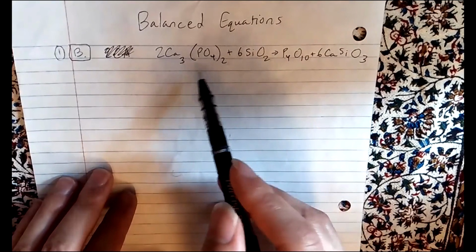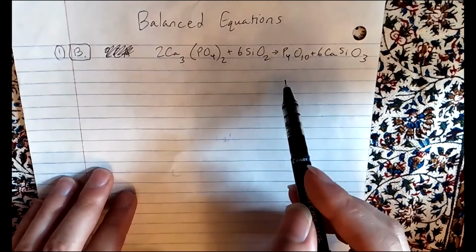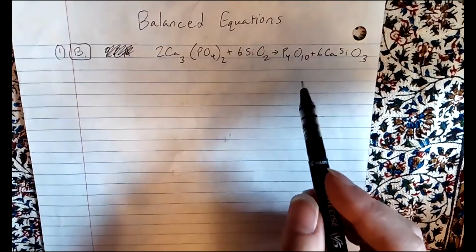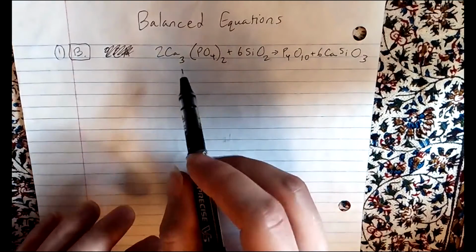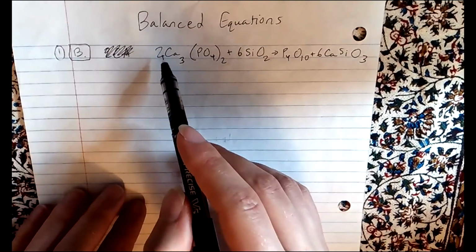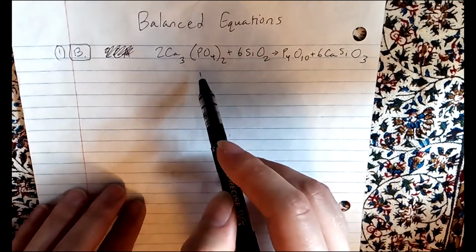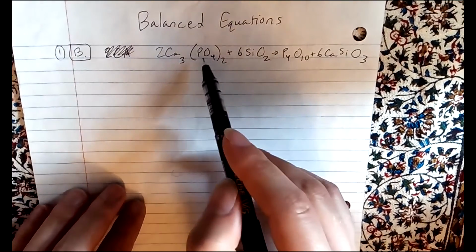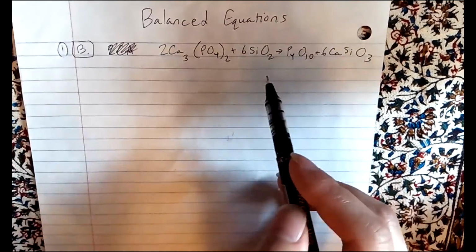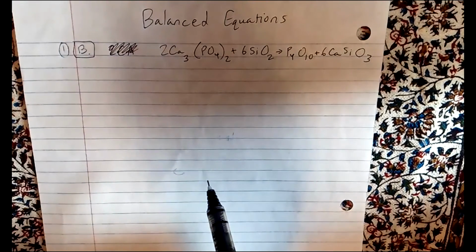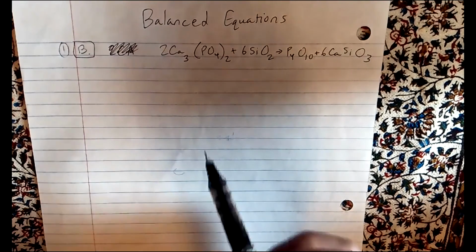So the number of atoms in reactants equals the number of atoms in the products. A shortcut is to multiply the coefficient by the subscript for each atom, and that will give you the number of atoms on each side of the equation.